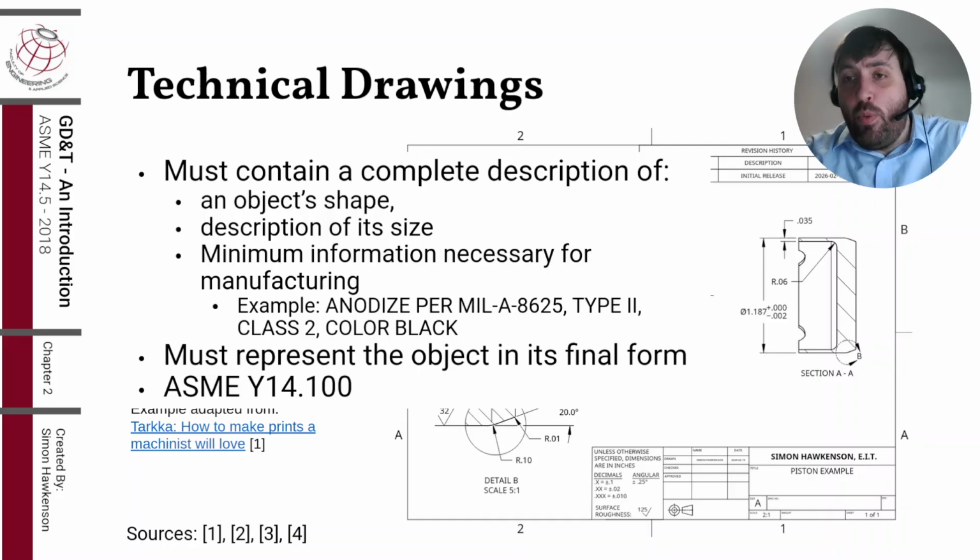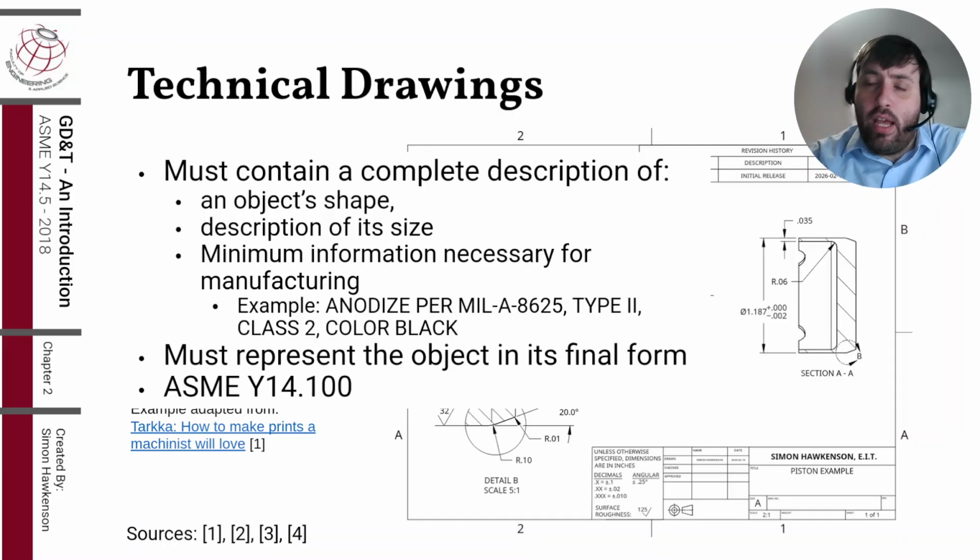Generally, you care about the what, but not the how. But sometimes, for example, if you know for sure you want an anodized aluminum part, you do have to specify a little bit of the manufacturing. So in this case, you would specify a standard that you expect the part to meet for the anodization on the drawing.